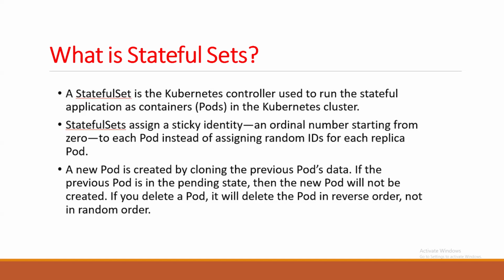A new pod is created by cloning the previous pod's data. If the previous pod is in pending state, then the new pod will not be created. If you delete pods, they are deleted in reverse order, not in random order.